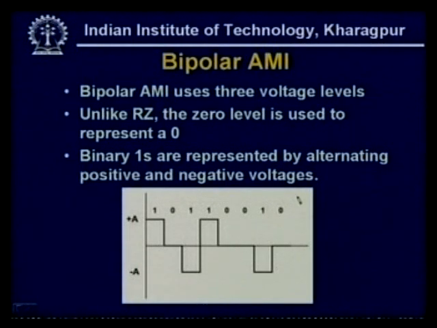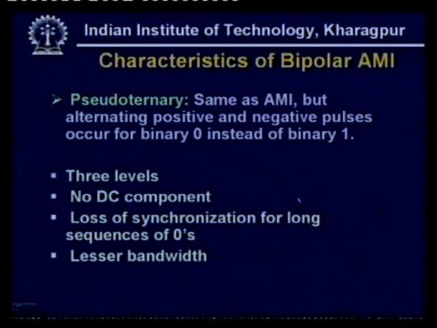So, the characteristics will be the same as bipolar AMI. The only difference is that here binary 1 represents 0, and for 0 we have alternating positive and negative voltages. That is the difference between bipolar AMI and pseudo ternary.